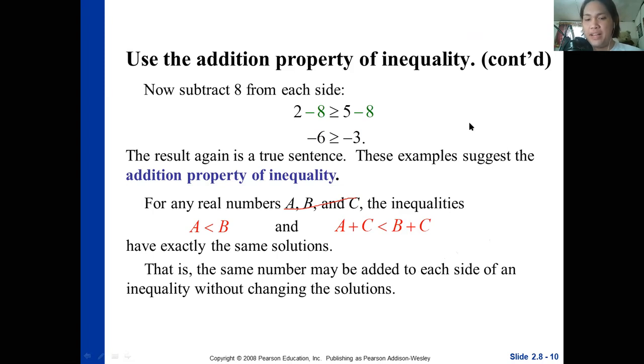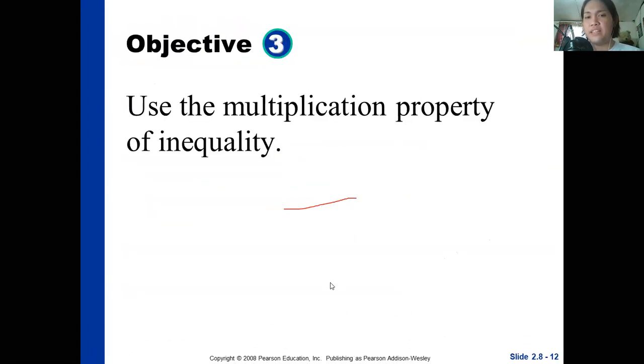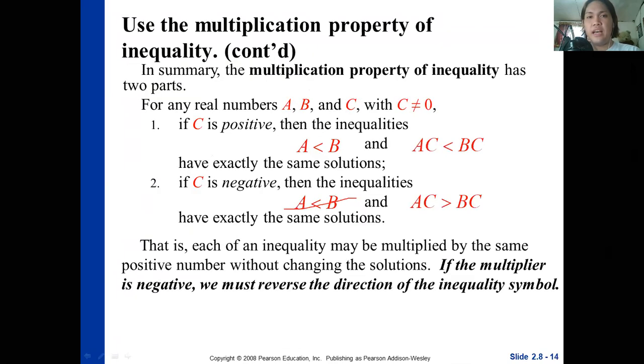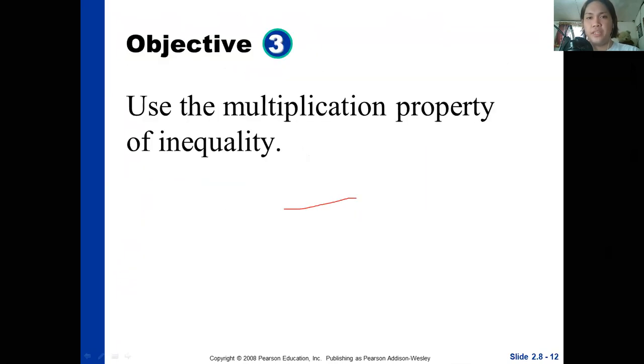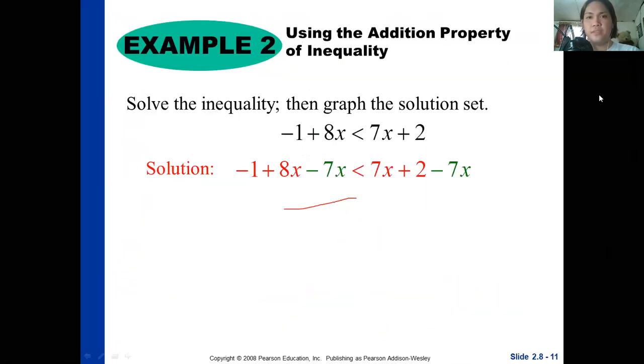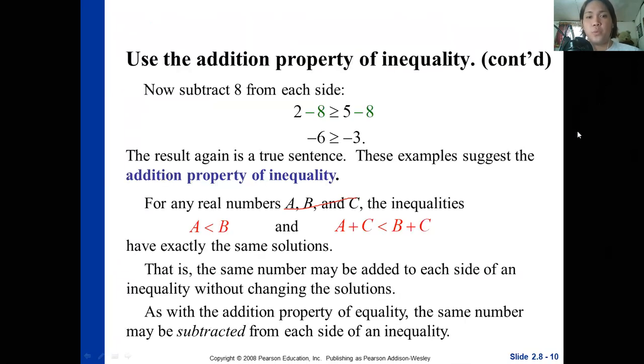I hope you can follow. As with the addition property of equality, the same number may be subtracted from each side of an inequality. So I want you to remember that one.